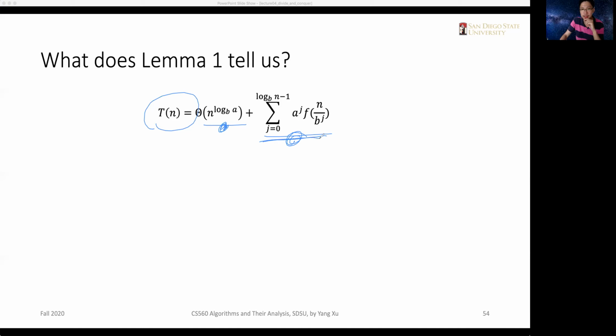We need to find whether we can have a closed form for this summation term. That's what lemma 2 will need to do.